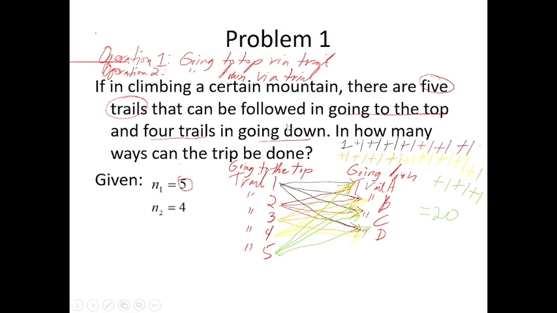Yes, there is. Using the fundamental principle of counting rule.